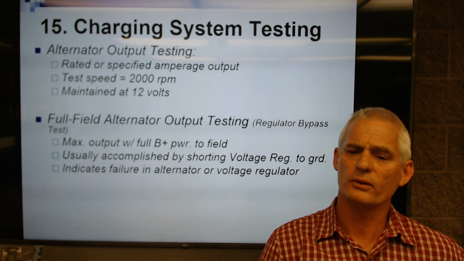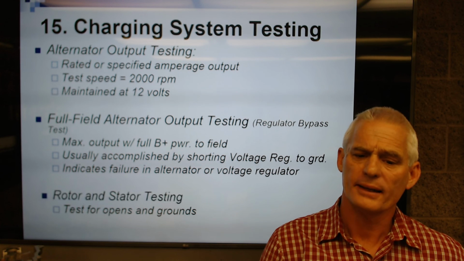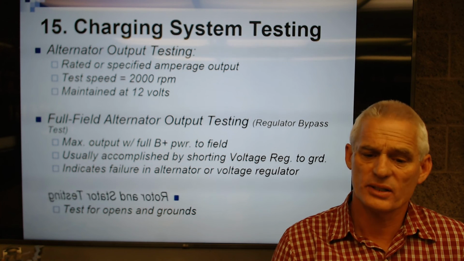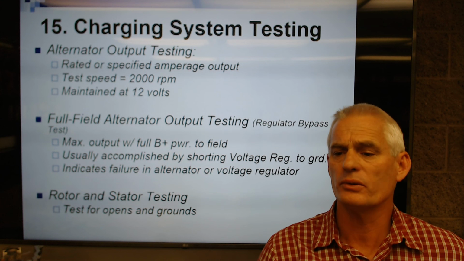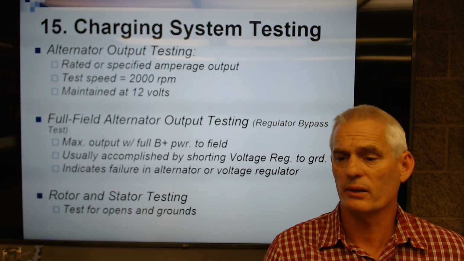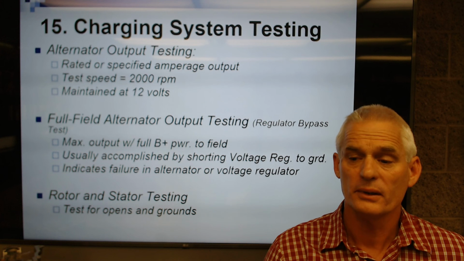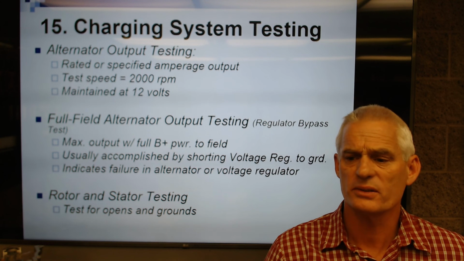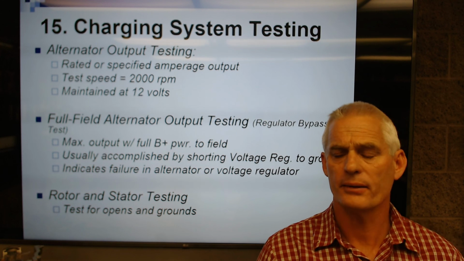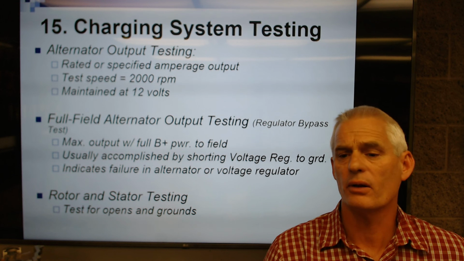So that's called a full field alternator output test or regulator bypass test. And then we can test the rotor and the stator for opens and grounds. We'll take an ohm meter and check the coil in the rotor to make sure it's not open, that it has a couple of ohms of resistance, something like 1 or 2 ohms, and it's not grounded to the shaft of the alternator.